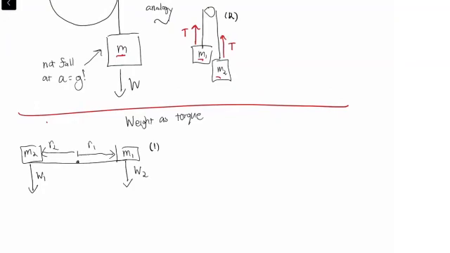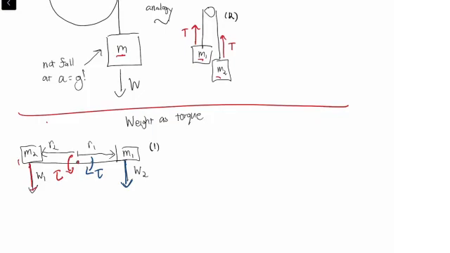And in this case, this object is exerting a torque this way, and this object is exerting a torque this way. And so the net torque ends up being the difference in the weights times the radii.